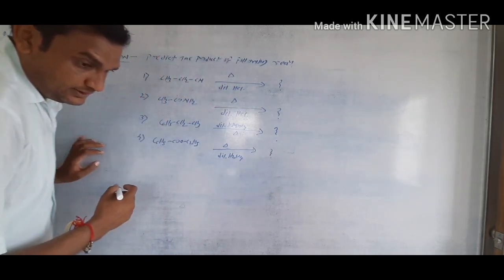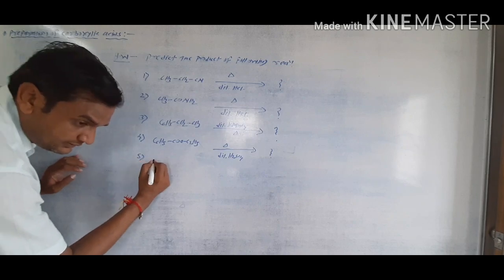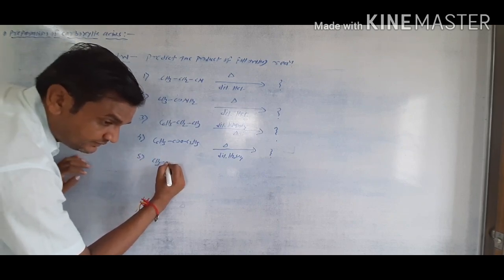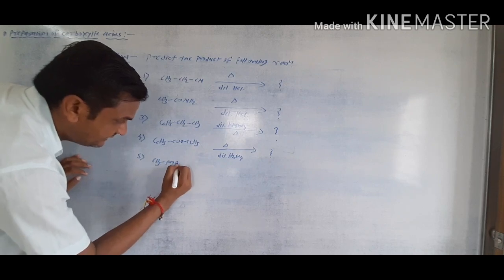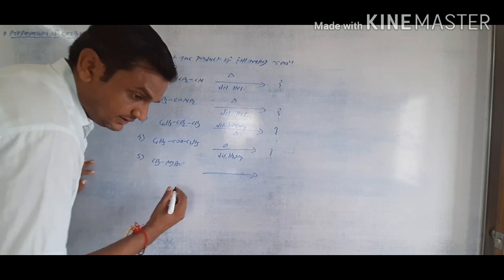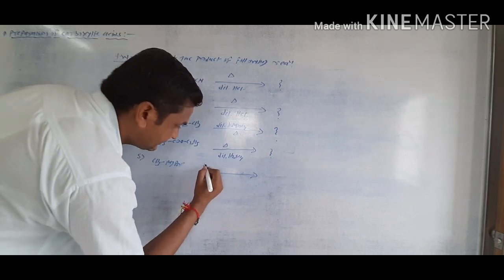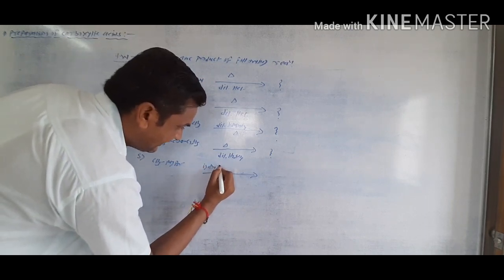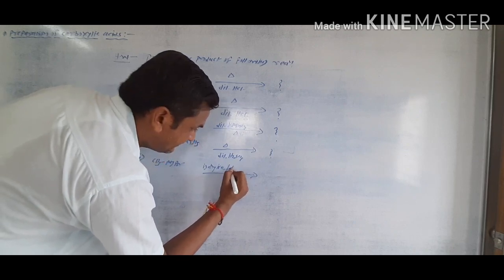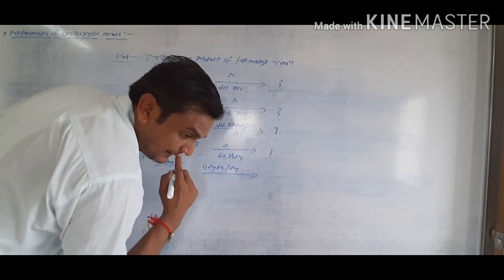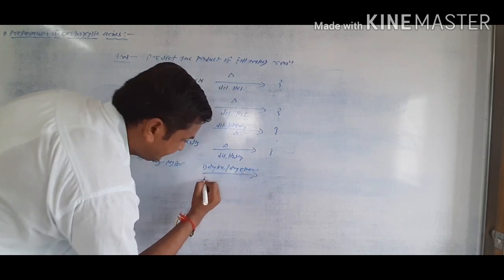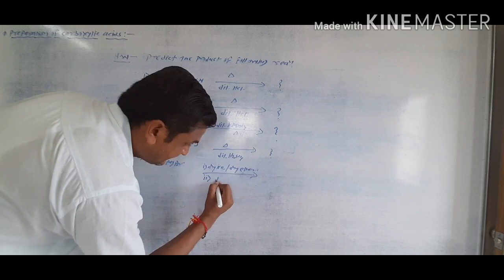What is the product? And last one, the fifth one, CH3MgBr, first with dry ice in presence of dry ether, and second with dilute HCl.